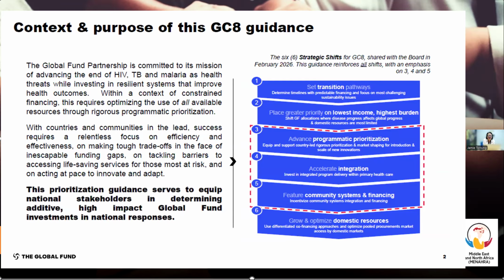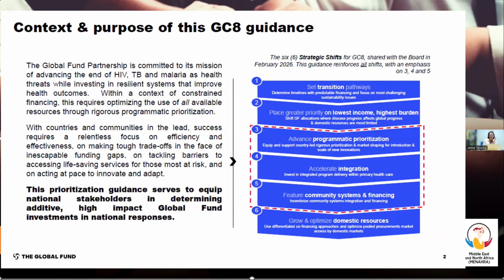I'm sure you've heard a lot about the Grant Cycle 8 strategic shifts. This is really the big shift that we're making compared to other years. I don't expect you to read through this, only please look at the ones on the right-hand side of the slide. There are 6 strategic shifts.